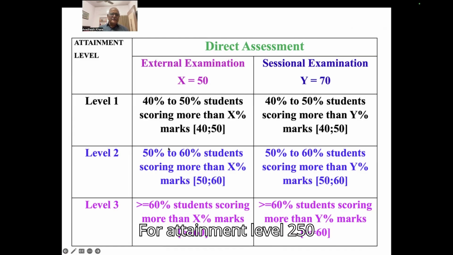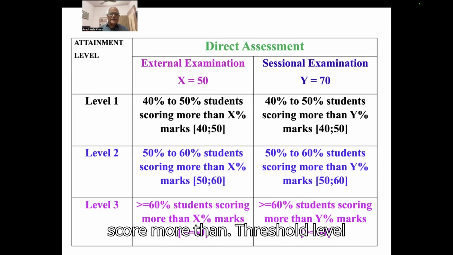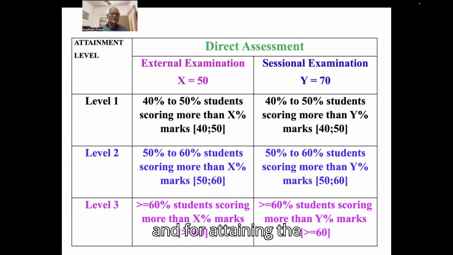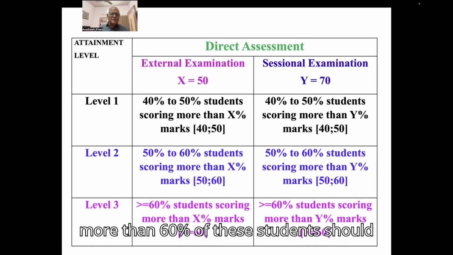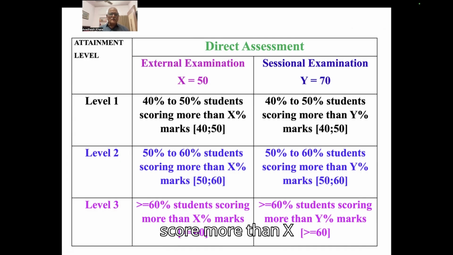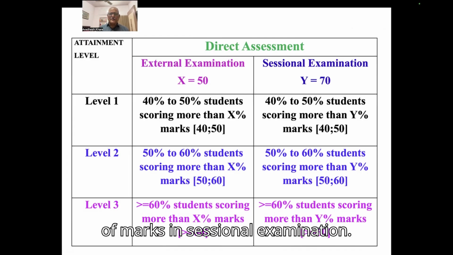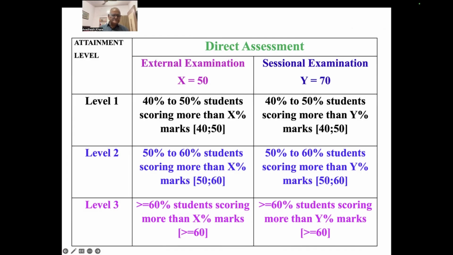For attainment level 2, 50 to 60% of students must score more than threshold level X and Y for external examination and sessional examination. And for attaining CO level 3, more than 60% of students should score more than X% of marks in external examination and Y% of marks in sessional examination.